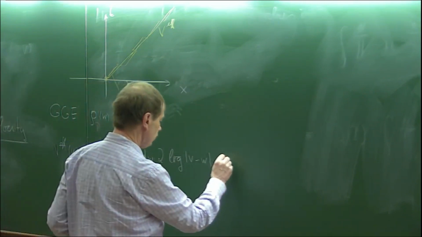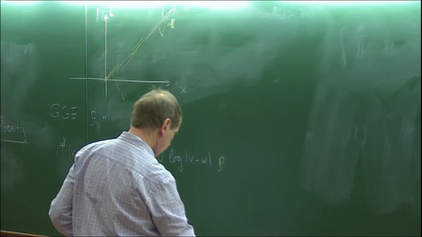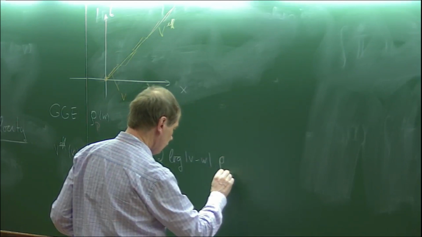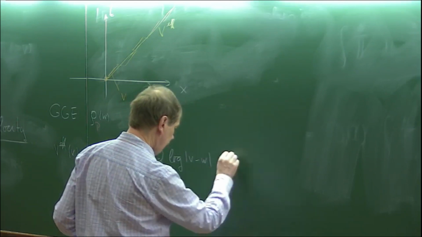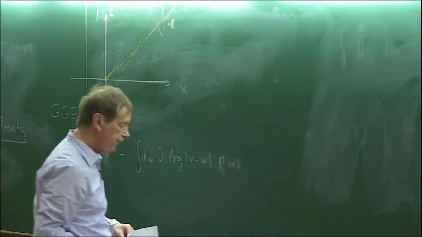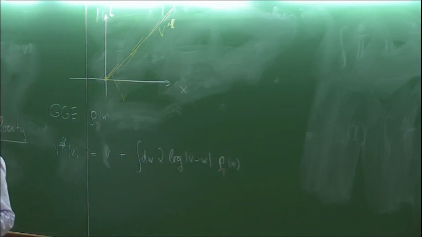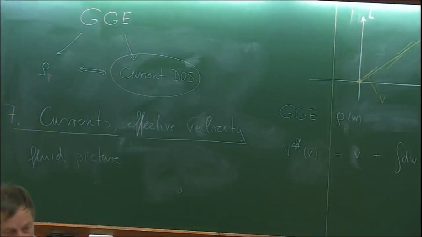So I put here the rho p, because I have to say how many there are. Now I'm moving. If I want to compute the weight, it will be the difference in velocities. If I have a medium where the particles have velocity w and I'm moving through it with velocity v, then the number of collisions will be proportional to the difference.